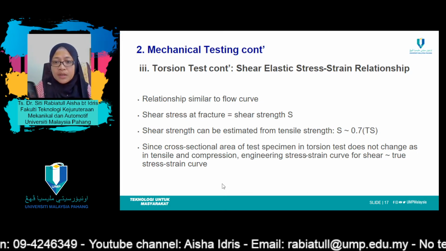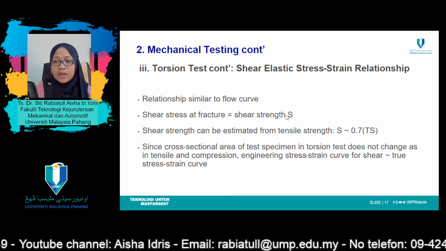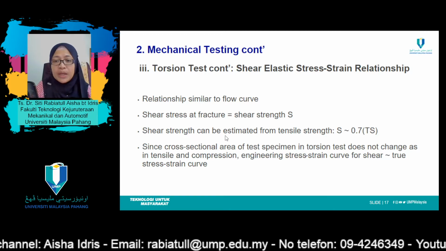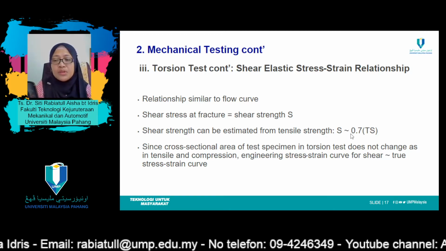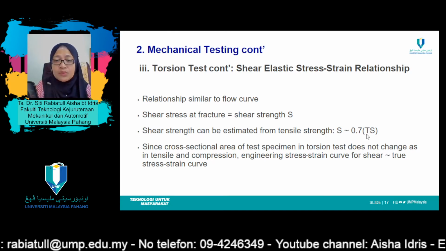The shear stress at fracture is known as S, and we use the symbol S here. Shear strength can be estimated from tensile strength, at around 0.7 of the tensile strength.